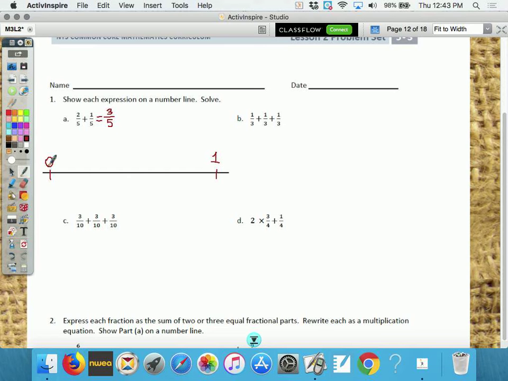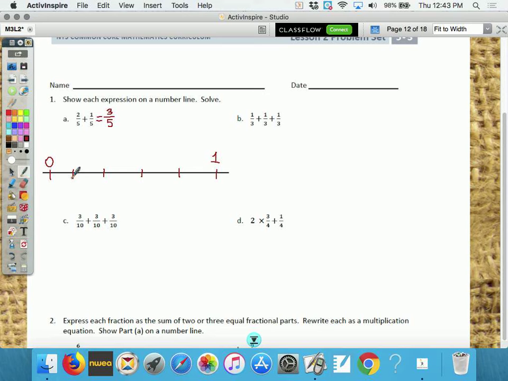Good. So what's my denominator here? The 5. Denominator downstairs. So how many tick marks do I need? 4. Always 1 less than the number. So that should give me 5 equal spaces.